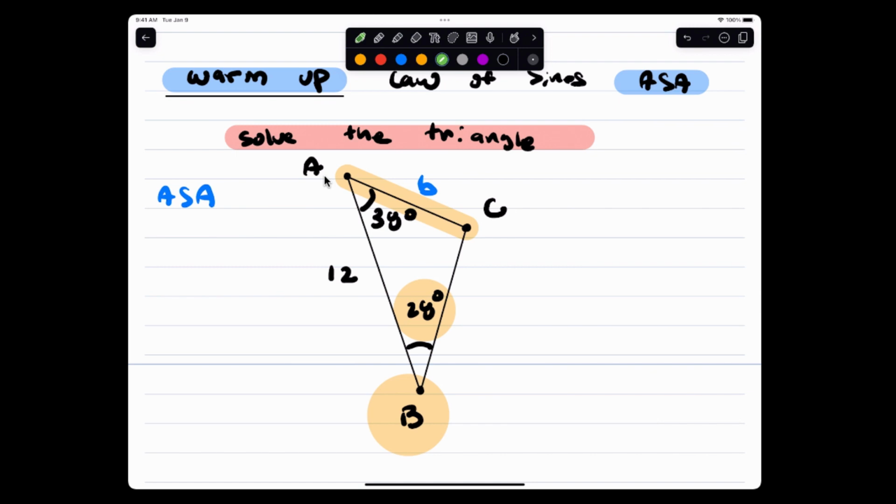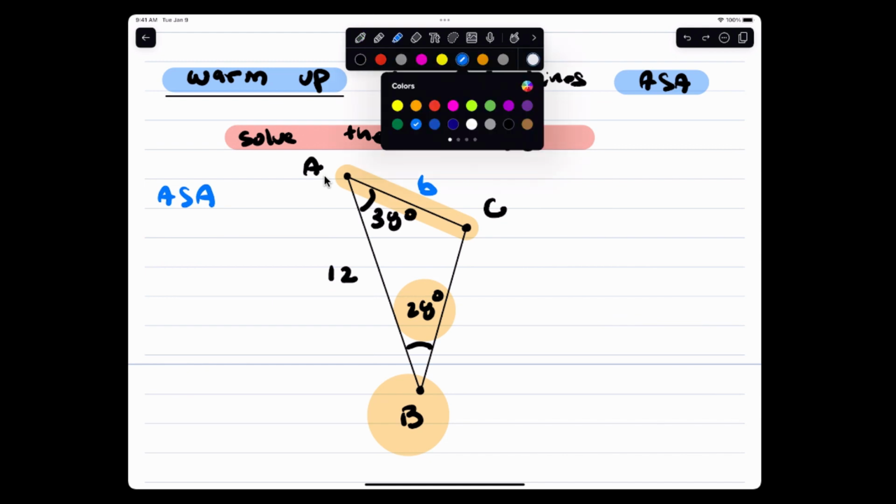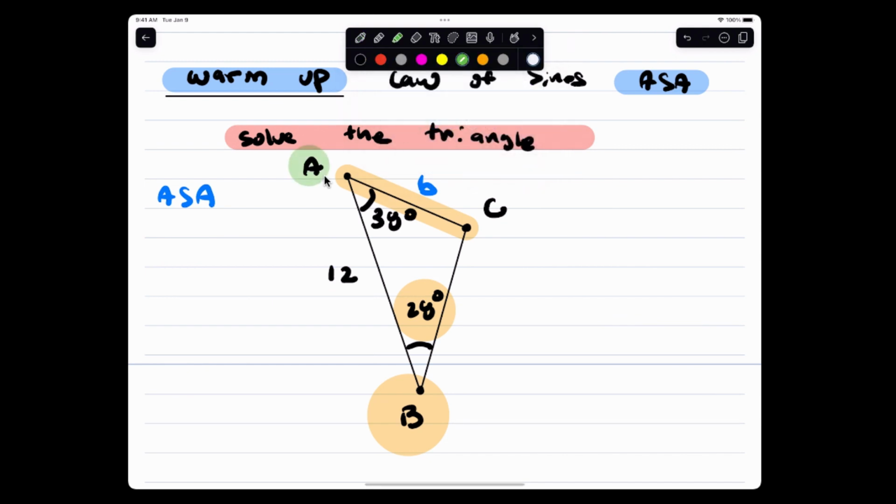If vertex A corresponds to 38 degrees, then what do you name this side? Little a. You guys okay with that?